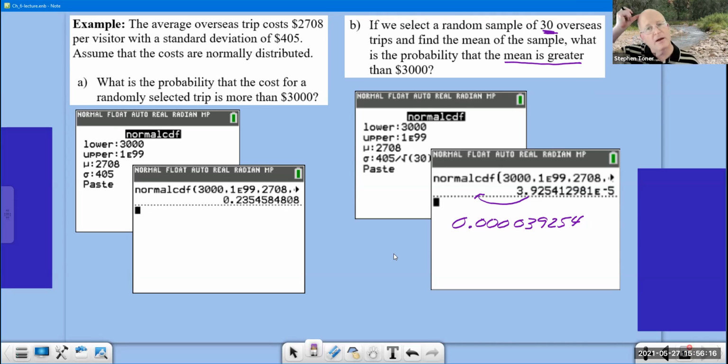Now, I do want to make one more final comment before I close this video out, and that is that I told you the data was normally distributed.